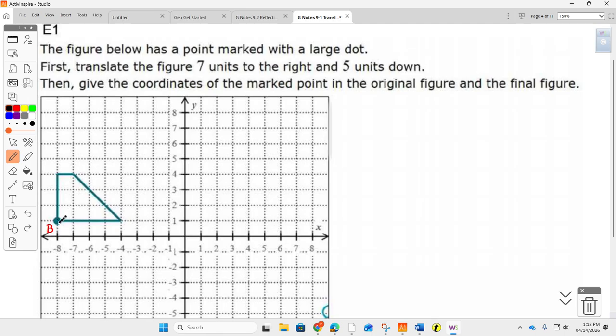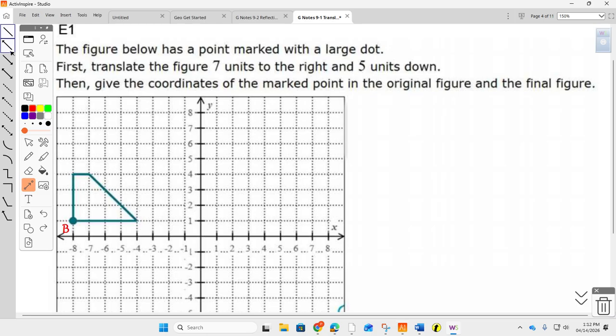So if we go 7 units to the right, we're going to start here and go 7. 1, 2, 3, 4, 5, 6, 7. We're going to wind up there, but then it says down 5. So from there, we're going to go down 1, 2, 3. Oh, my thing is off.